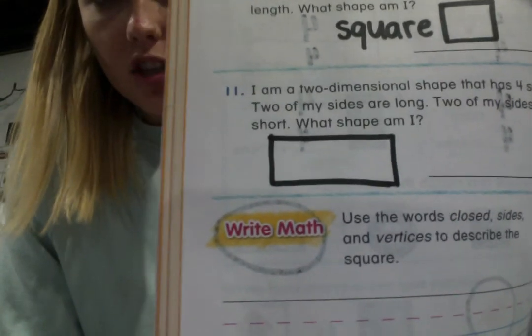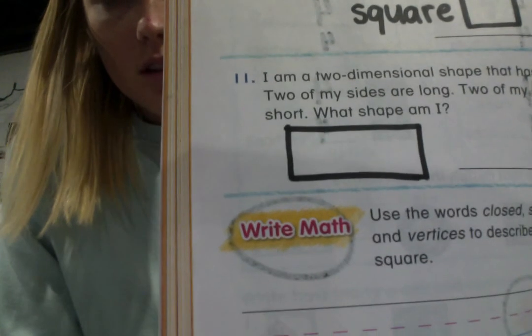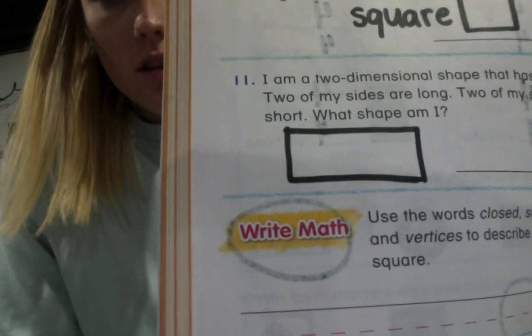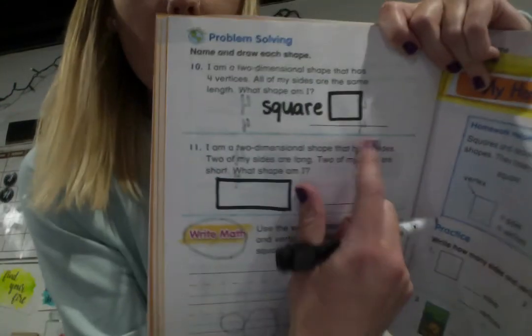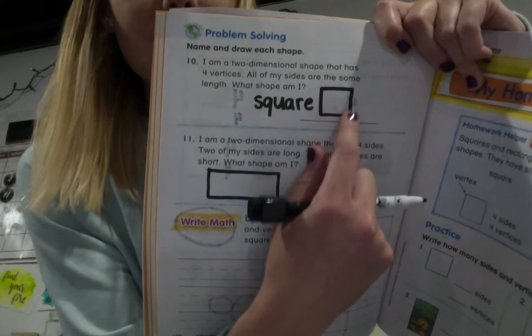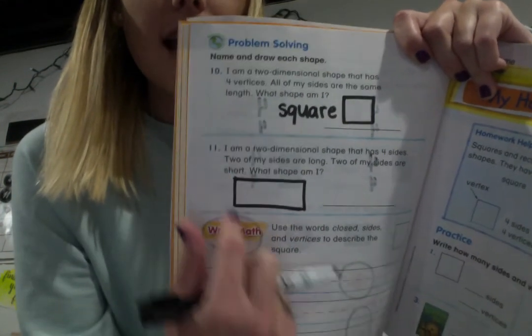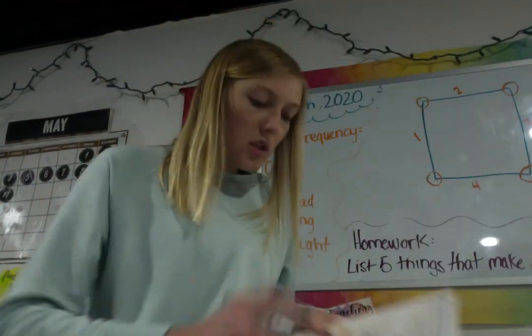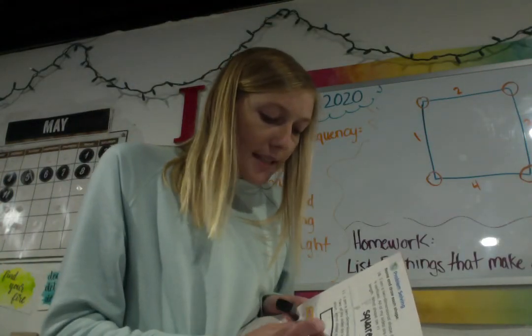Christian, what shape is that? A rectangle. Isabella, the difference between the two is that a square has all the sides the same length, and a rectangle has 2 long lines and 2 short lines. So now I'm going to write the word rectangle on that line.